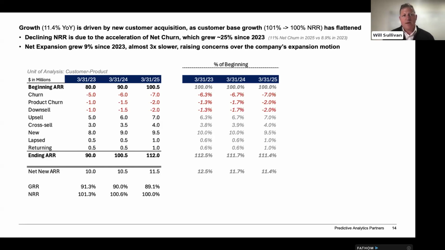This is concerning as net expansion only grew 9%, almost 3 times slower, raising concerns about the company's expansion motion. So we just went through looking at this table and identifying we've got issues with our expansion motion. And that could bring up conversations around, do we have an expansion dedicated team or do we just have a customer service team? And there's a lot of implications you'll go from there. So this is very powerful to a CRO.